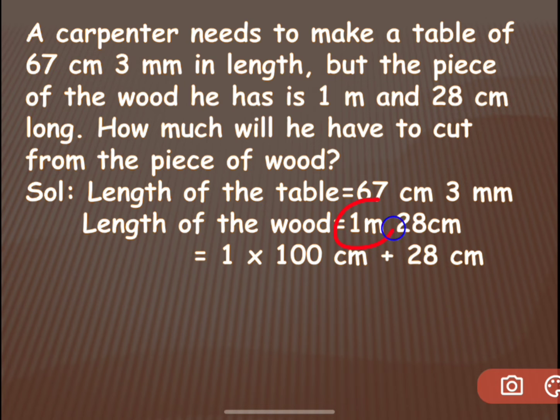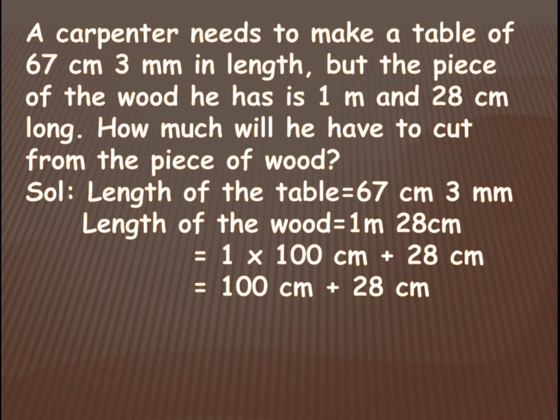This meter we have converted into centimeters, and this is already in centimeters, no? So we need not convert, but we will add it. So 1 into 100 centimeters becomes 100 centimeters plus this 28 centimeters, which we copy as it is. So 100 plus 28 is equal to 128 centimeters.